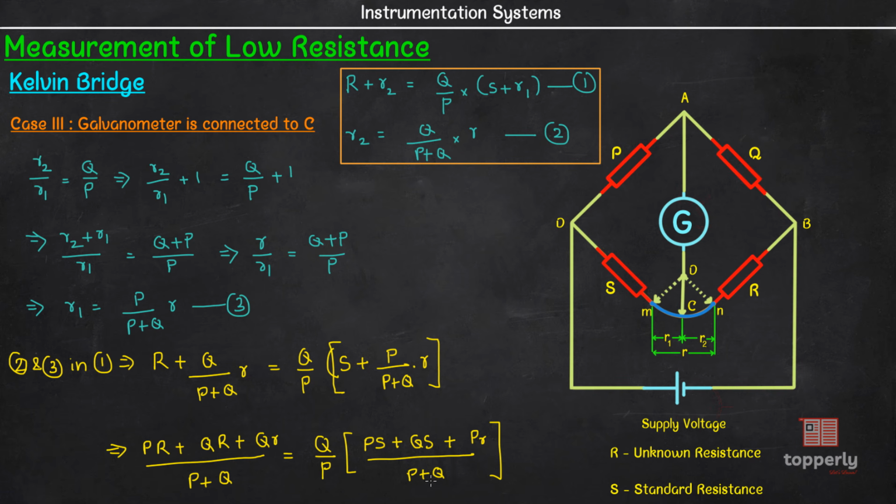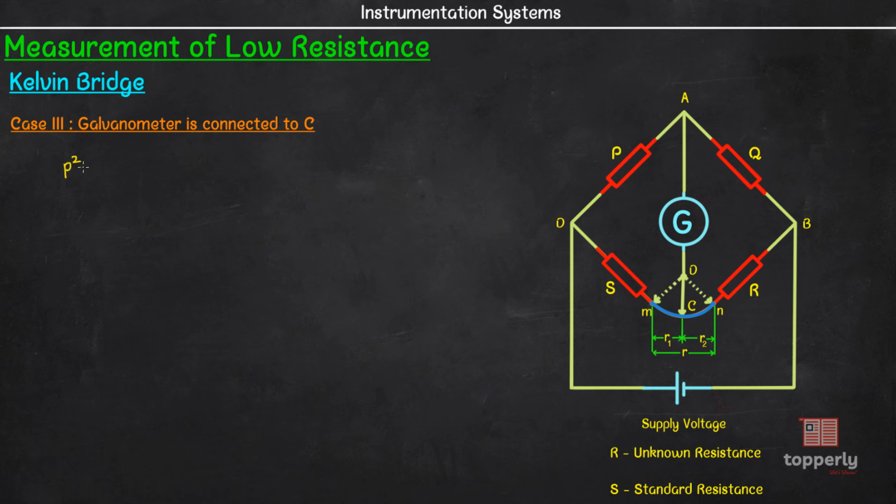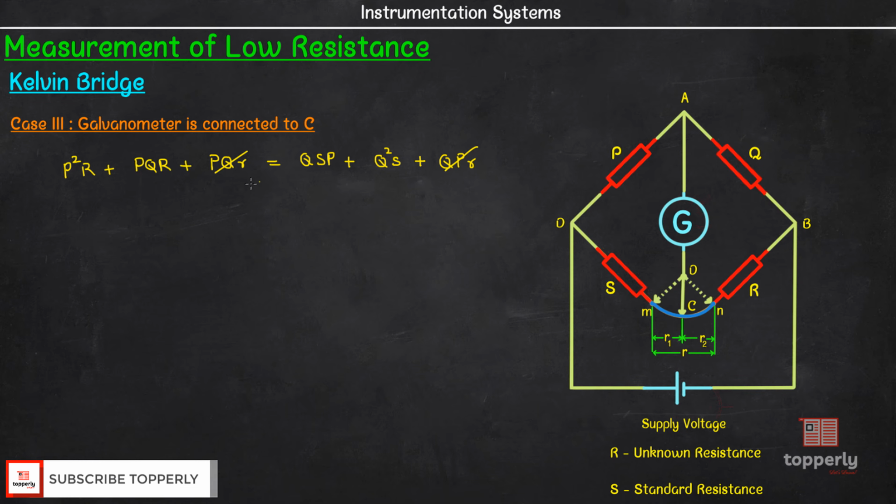Now this P plus Q is common on both sides, therefore we can cancel them out. And also bringing this P to this side, we get P square R plus PQR plus PQ into small r equal to QSP plus Q square S plus QP into small r. Here we can cancel out these two terms because they are the same.